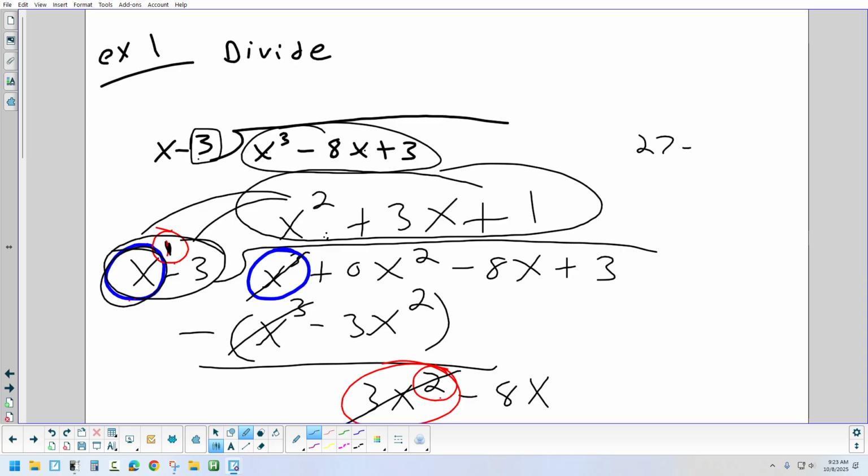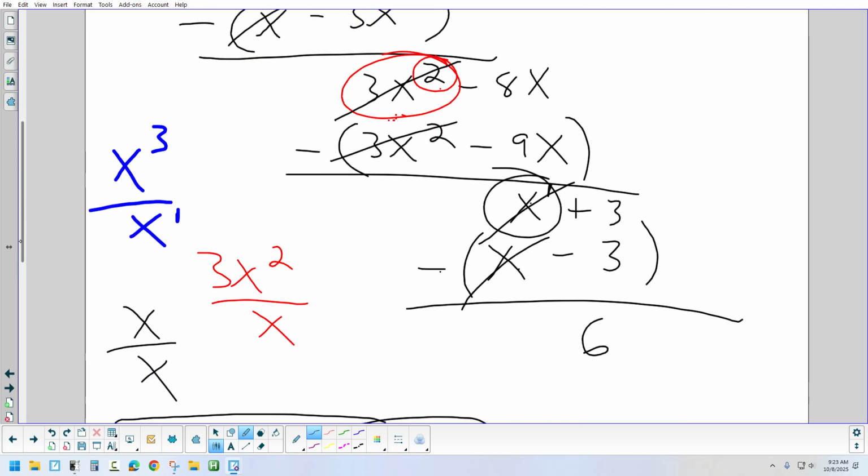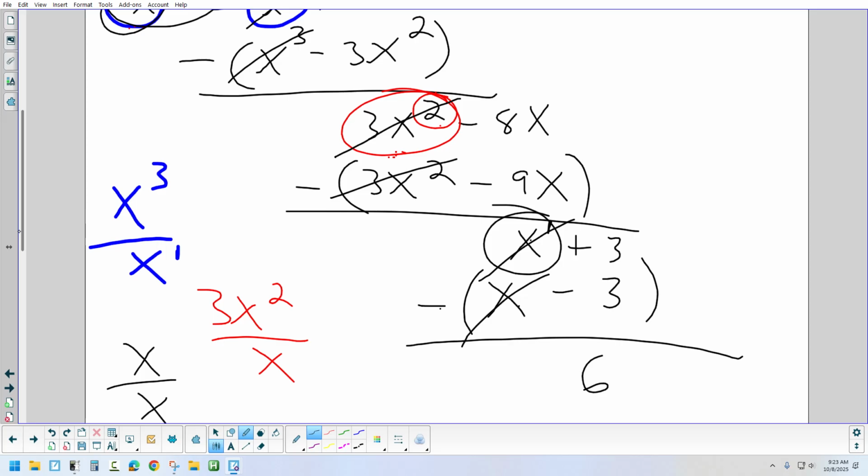What's 8 times 3? 24, plus 3. What's 27 minus 24? 3. And what's 3 plus 3? 6. And what did we get for a remainder when we did this problem? 6. Yeah, that will always happen.